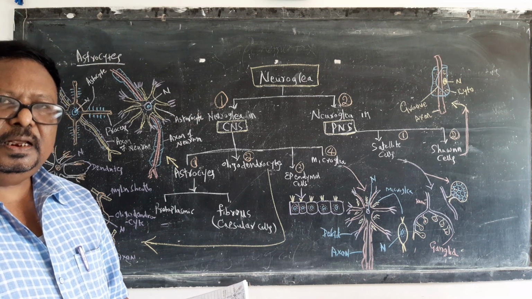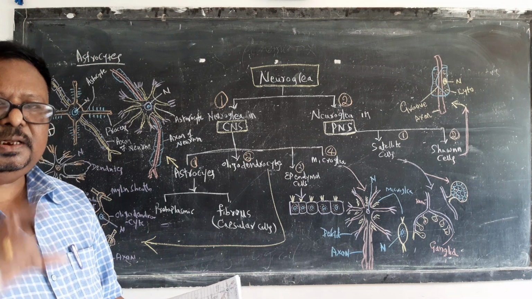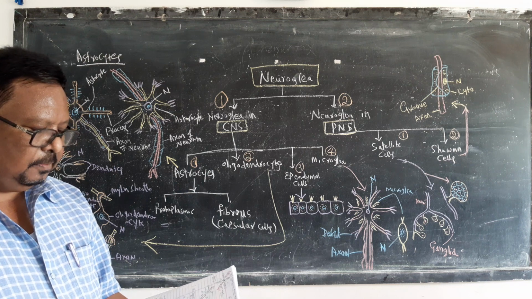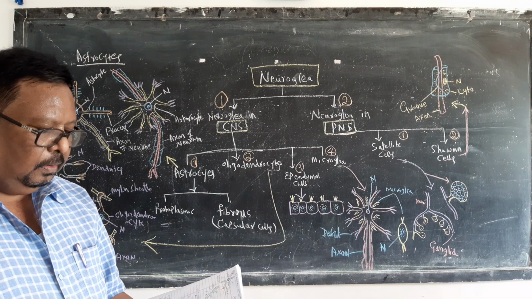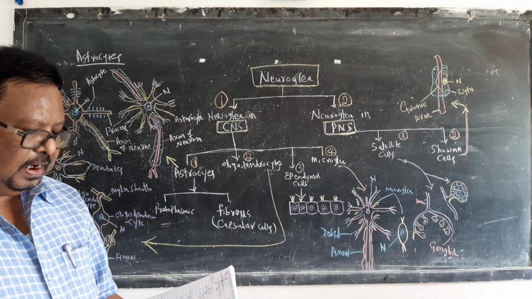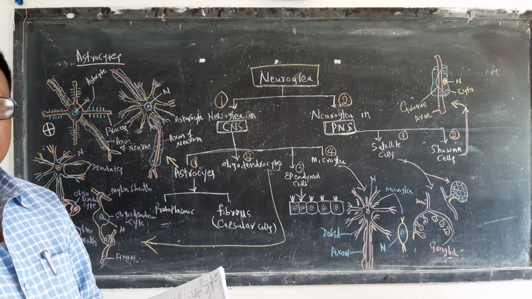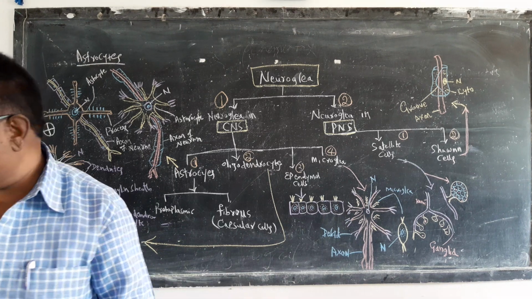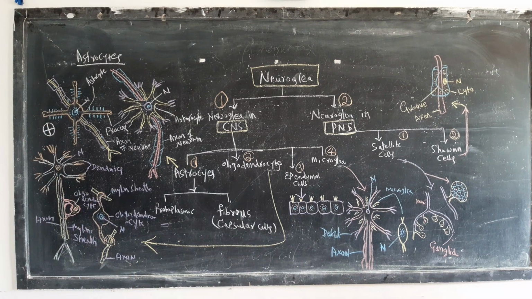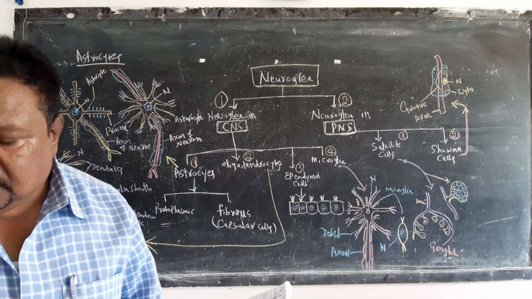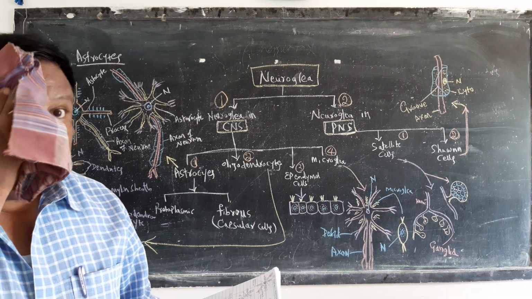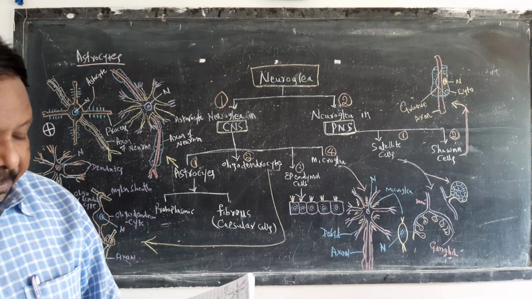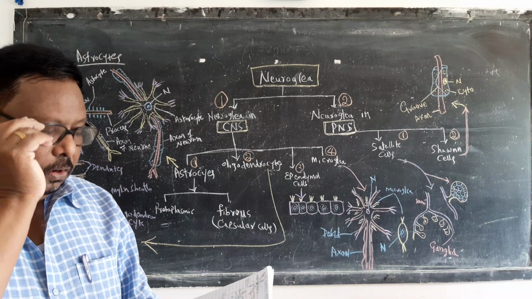They are present in the ventricles of the brain and the central canal of the spinal cord. The spinal cord contains this type of neuroglia, called ependymal cells.